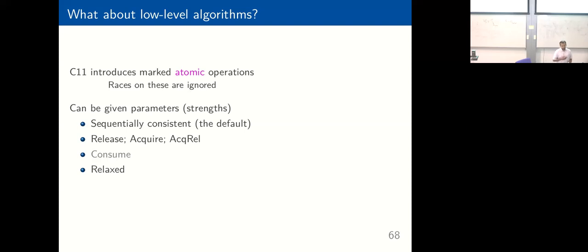And these parameters, you should think of them as how strong do I want to be? There are several different ones. The strongest one is the default, the thing that they expect Joe average programmer to be using. These are called, more technically, the sequentially consistent atomics.